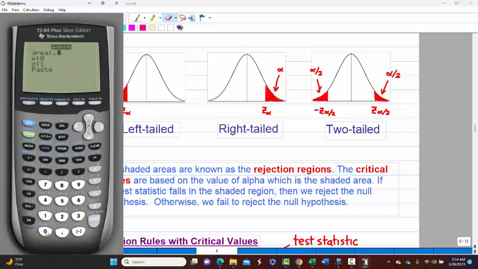And you go 0.03 divided by 2. That will give me the left value. So that means there's two of them though for this, automatically: negative 2.17 and positive 2.17. Let's see what I had down here.